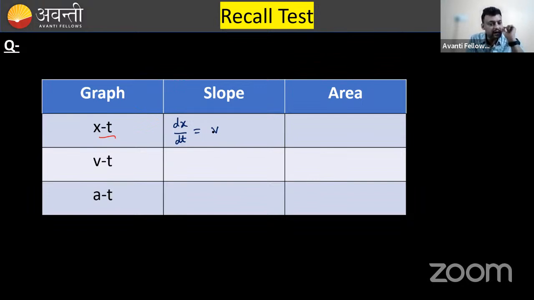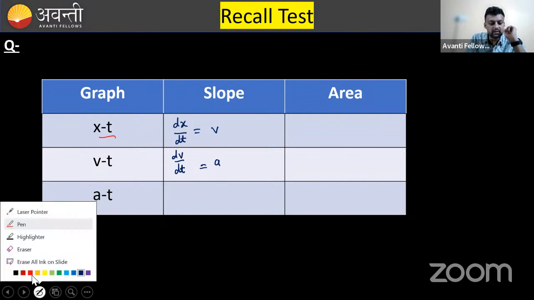In the same way, if I ask what is the slope of vt graph, you can write it as dv over dt. And everybody knows that dv over dt is nothing but acceleration.